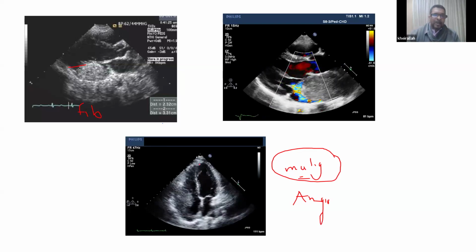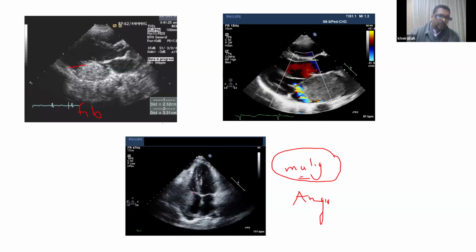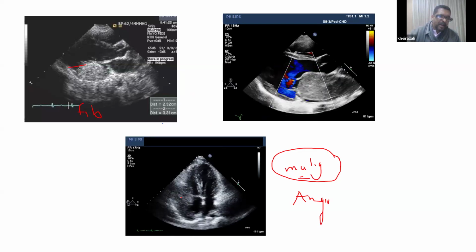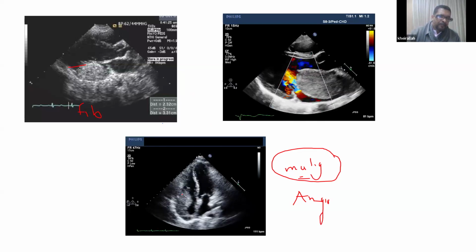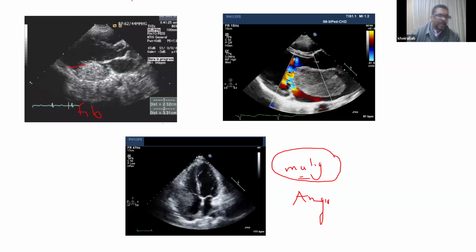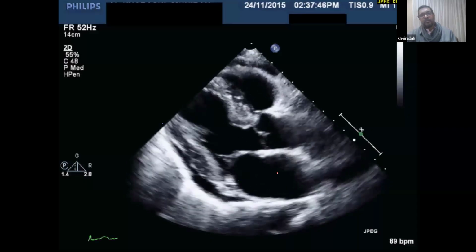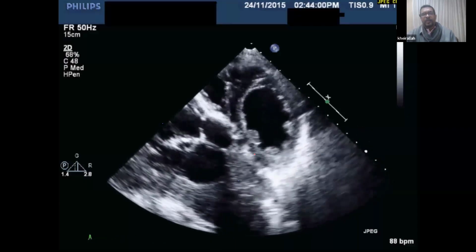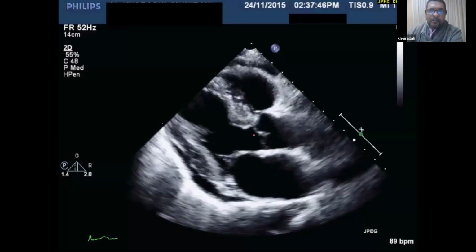And usually it is on the right side. It involves the right atrium and the right ventricle, associated with pericardial effusion and stuff like that. Very poor prognosis.